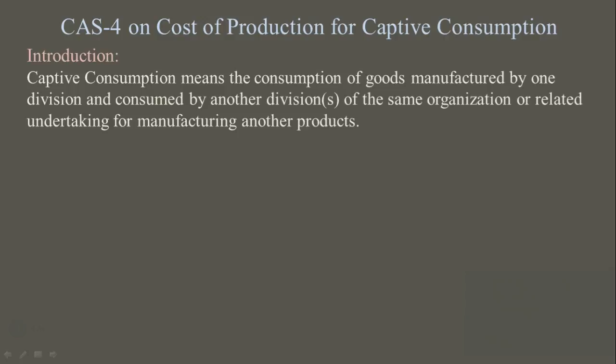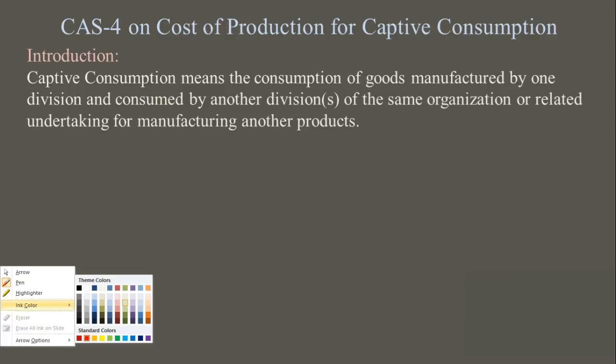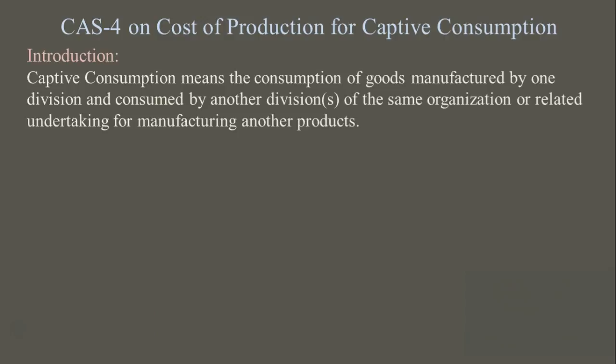Most importantly, captive consumption means the consumption of goods manufactured by one division and consumed by another division of the same organization, or related undertaking, for manufacturing another product. Suppose one unit of an organization is producing electricity and another unit of the organization is consuming it for production of final products.